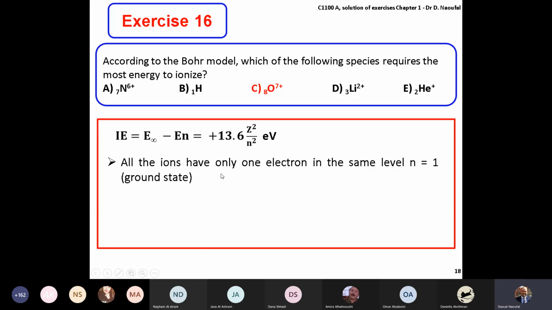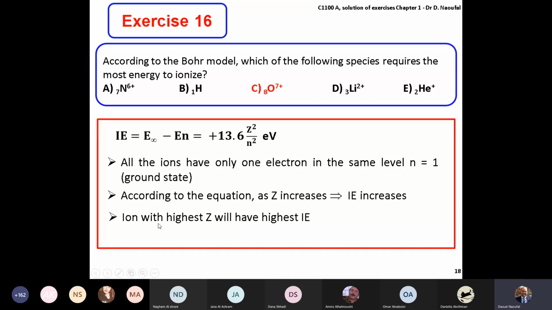So all the ions have one electron in the same level n equal 1, which is at the ground state. According to this equation, as Z increases, ionization energy increases. So the greatest ionization energy is for the ion with the highest Z, which is oxygen.